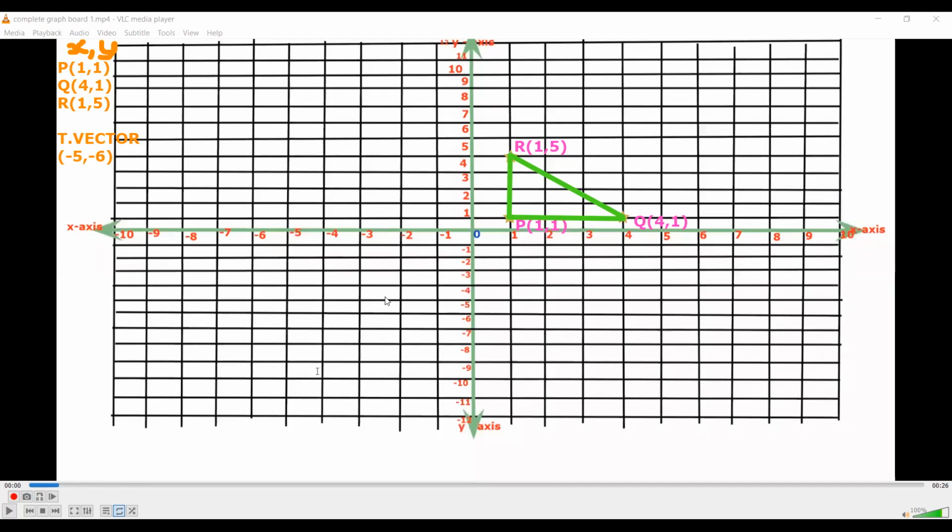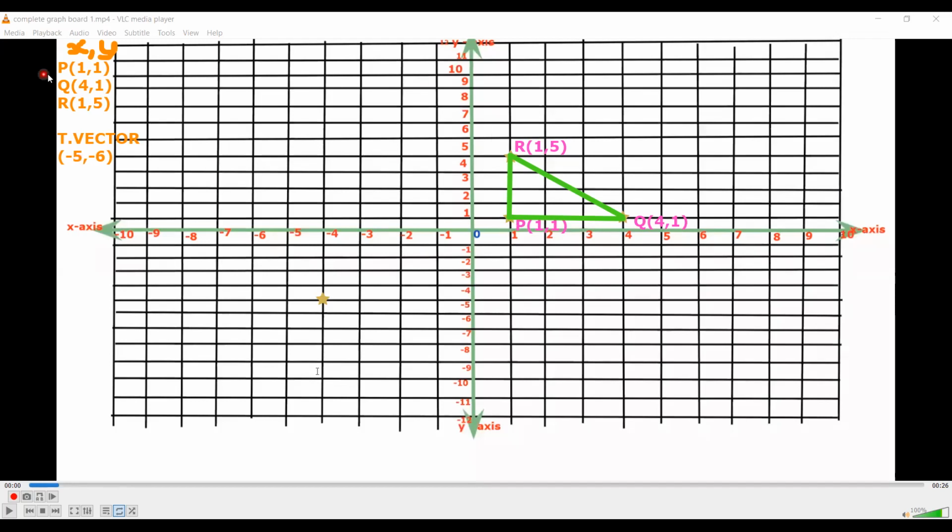That will be the P prime. Okay. Now let's count again.